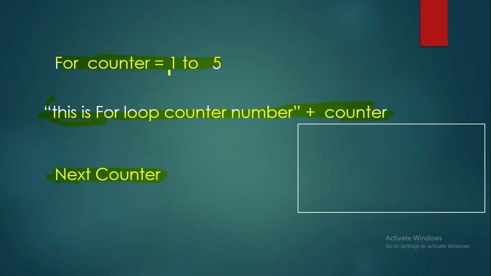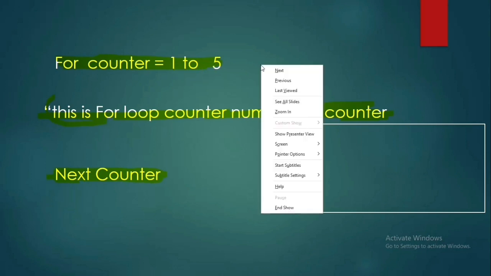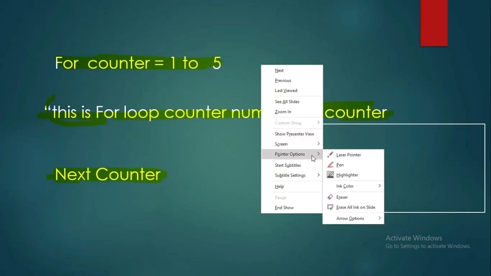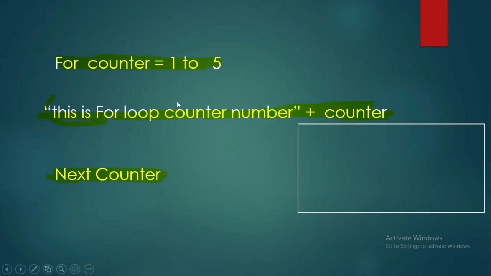This statement will run 5 times, because the loop starts from 1 and goes all the way up to 5. At the very first stage, what is the value in this counter? The counter is a variable, and you can use any name over here: row number, column number, A, B, C, D, X, Y, Z, whatever you want.